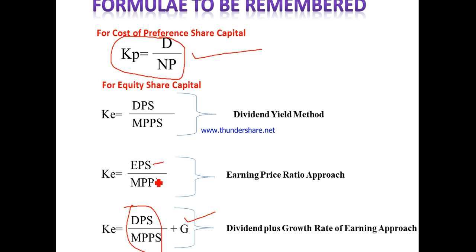Only EPS is changing; the denominator MPPS is the same in all three methods, and the numerator is the same in the first and third cases. So it is very simple to remember all these formulas.